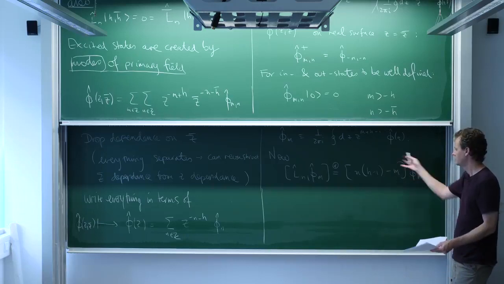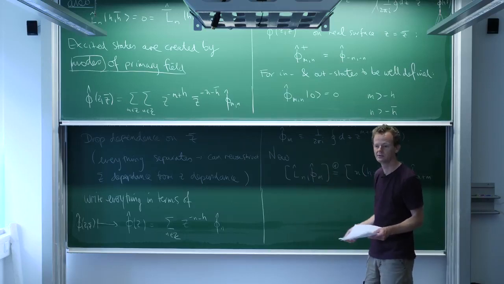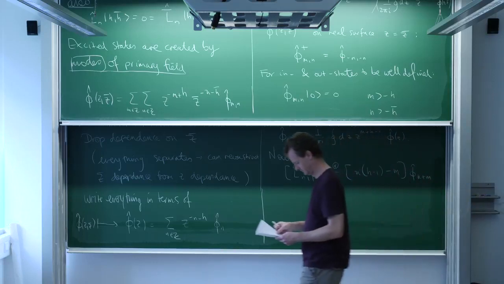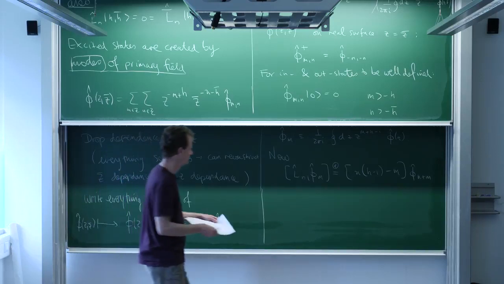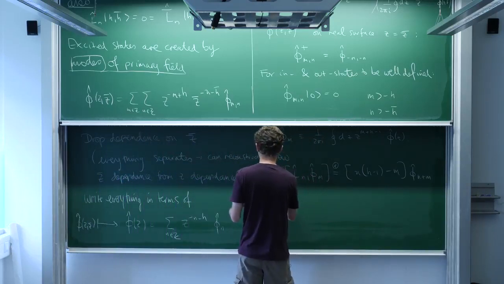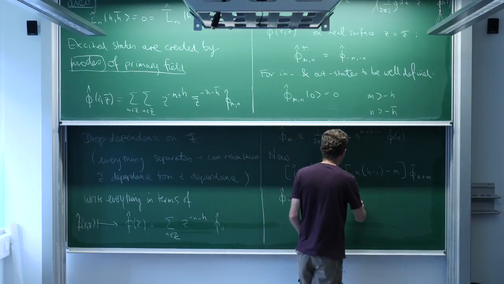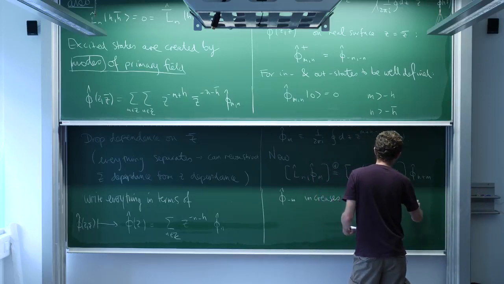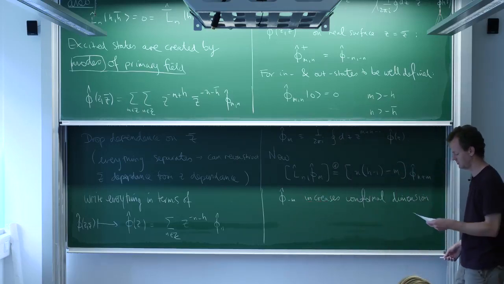And it's this behavior here which shows us that these phi m's are kind of like raising operators or lowering operators. So these phi minus m's, they increase the conformal dimension by m.